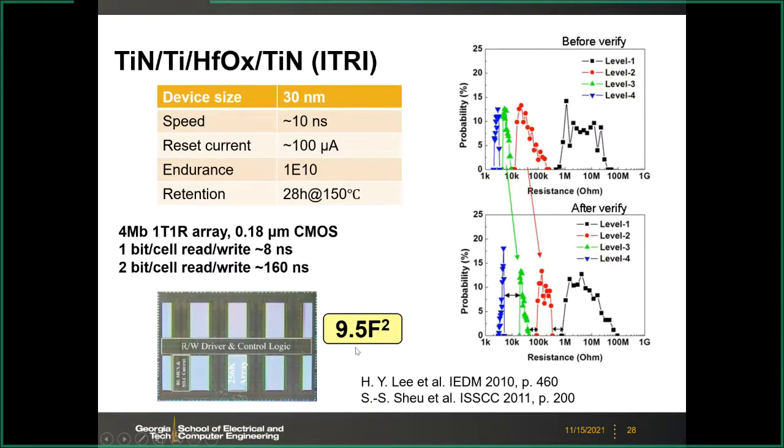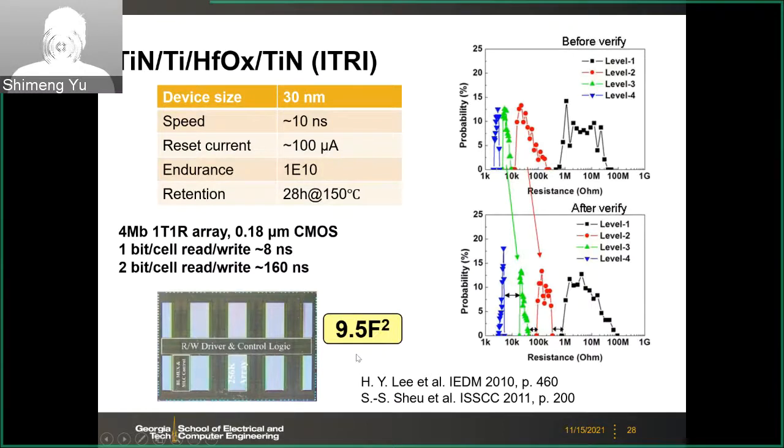And the 1T1R cell size in this case is 9.5 F squared, so it's pretty compact. The endurance reported is 10 to the power 10, and the retention they tested is 28 hours at 150 degrees C.